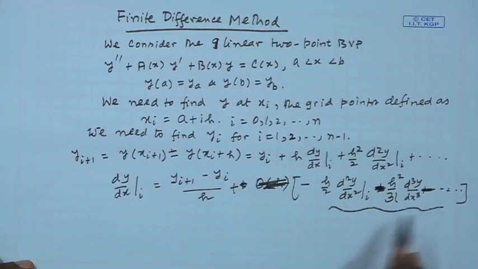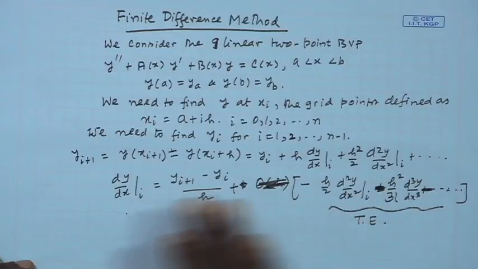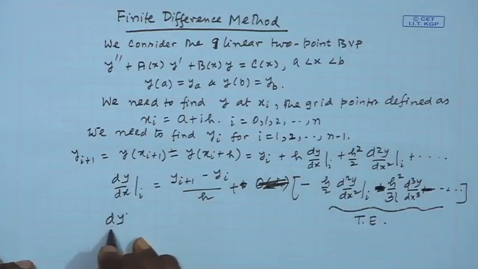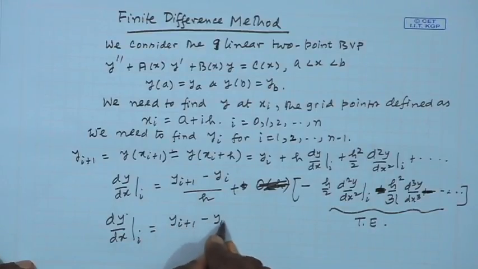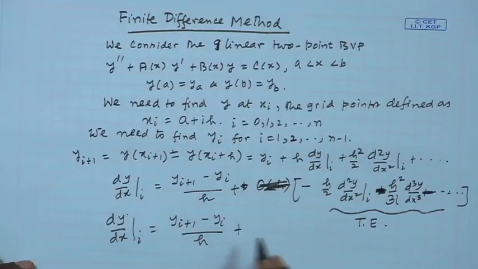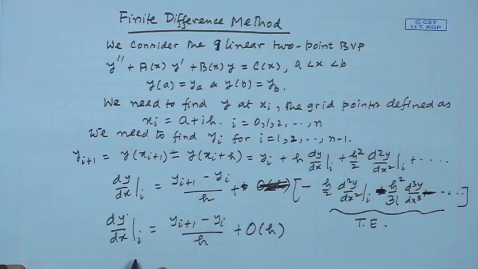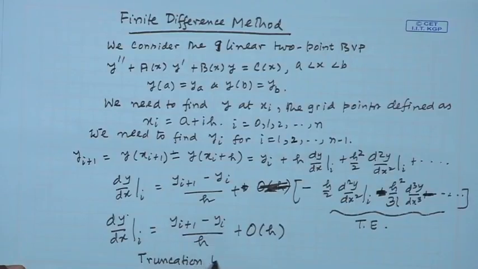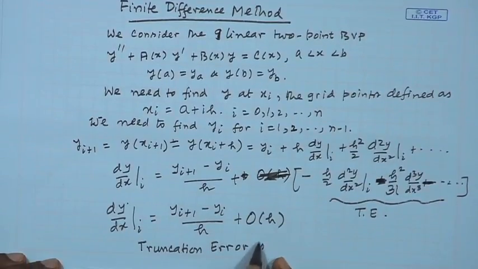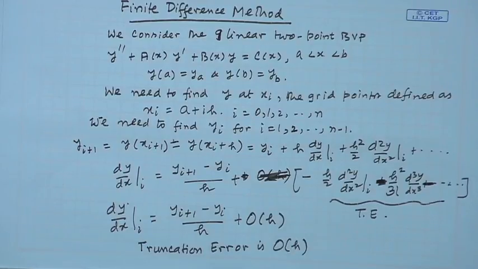So, this part is called the truncation error. Now, if I approximate dy/dx at i by (y_{i+1} minus y_i) by h, this is the error, which will be of order h. It is called truncation error because we have truncated the infinite series to a finite number of terms.